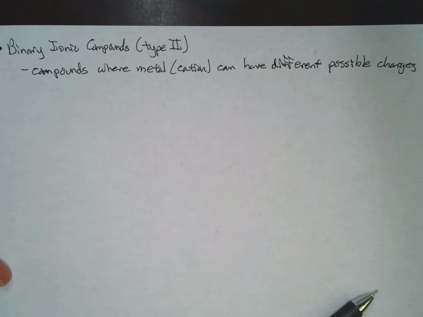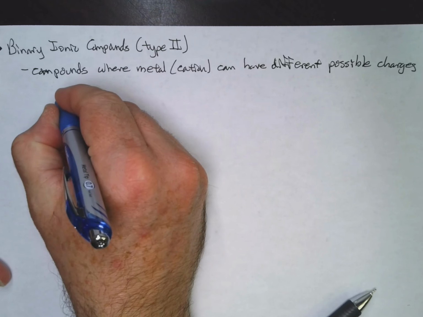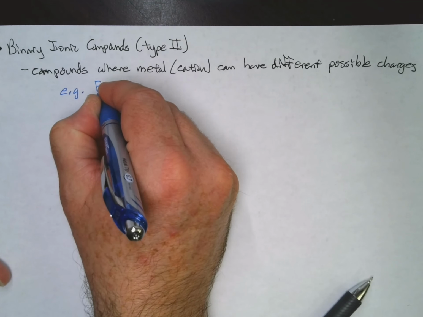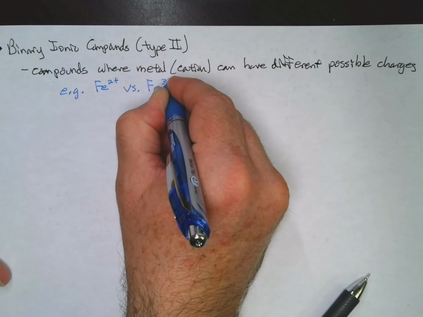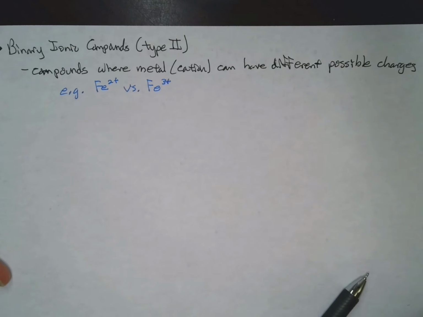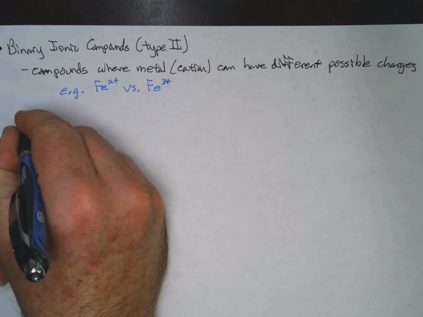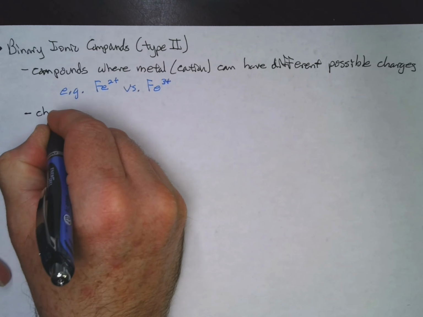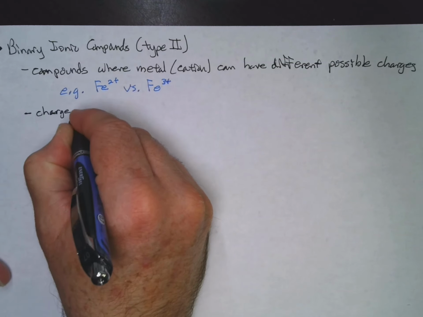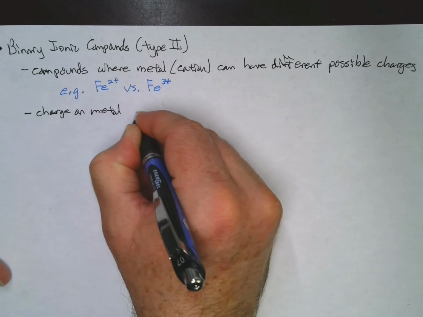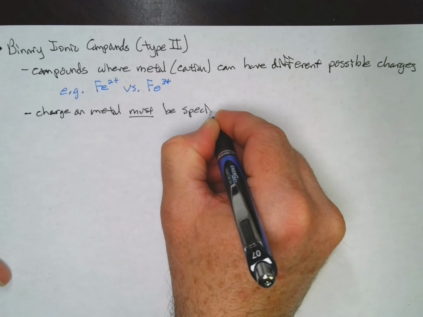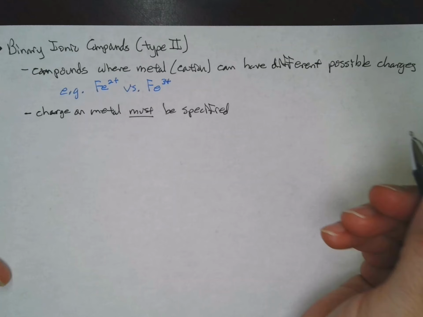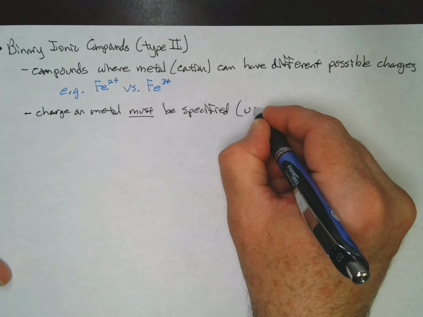Okay, an example of this is Fe2+ versus Fe3+. So iron 2+ versus iron 3+. So in this case, the charge on the metal must be specified. And to do this, we use Roman numerals.